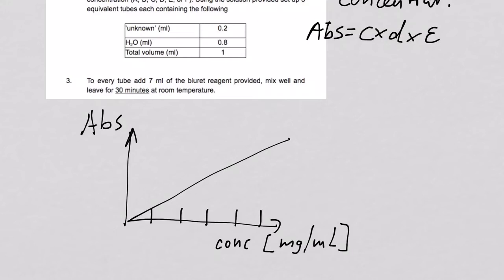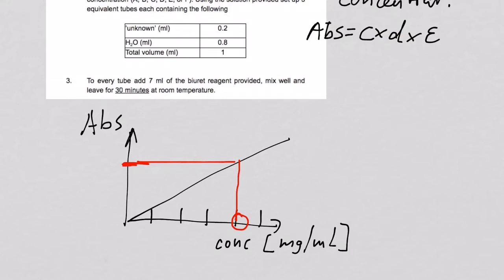So if we say, for example, our unknown concentration of the protein had this absorbance, we then can simply equate that from our standard curve and say this absorbance here that I just indicated is equivalent to this concentration from our known standard. Does that make sense? Yeah?